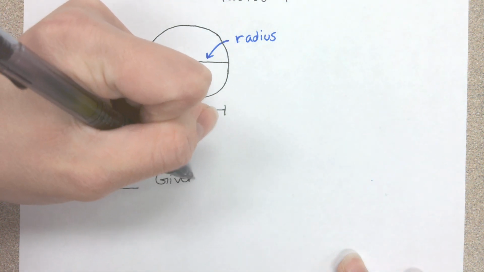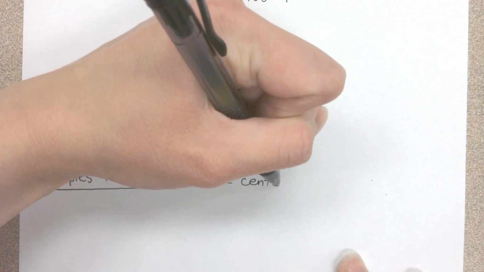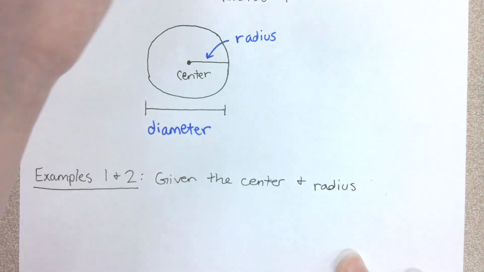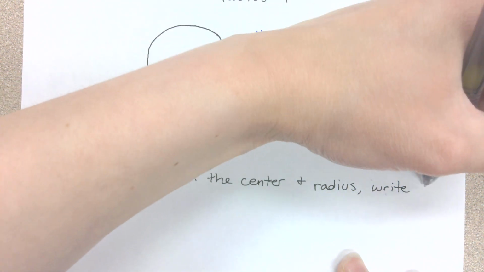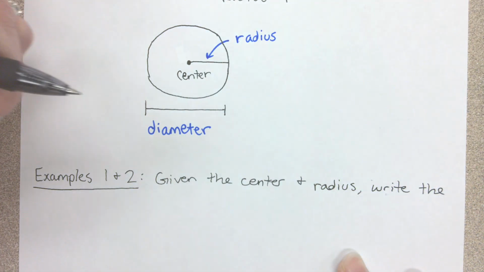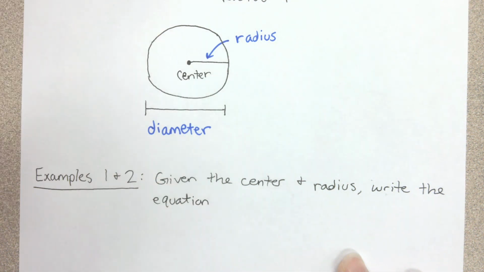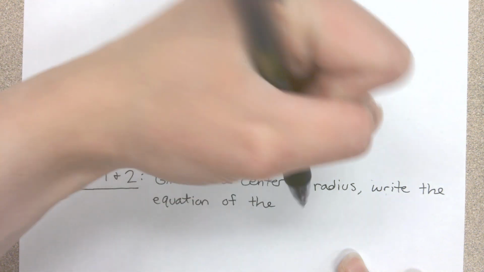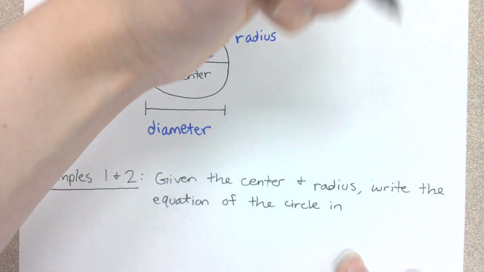Given the center and radius, write the equation of the circle in standard form.